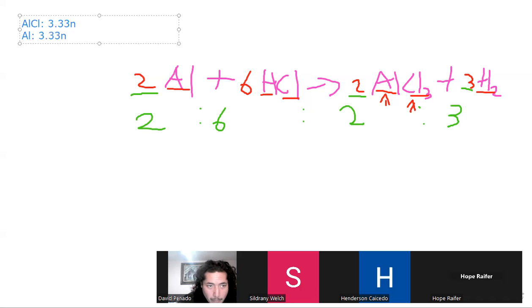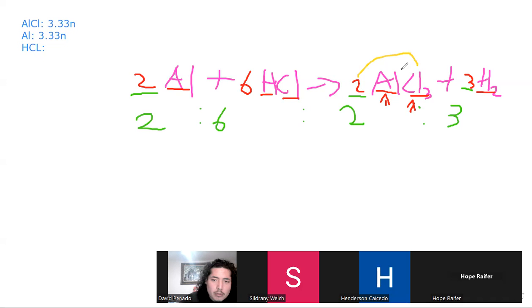Question, David. Don't we need to add both of the atomic masses of the first one, like aluminum chloride? So it'll be 26.98 with chloride of 35.4, then multiply it. You mean you want to multiply this with this?